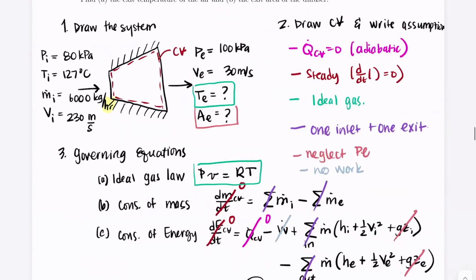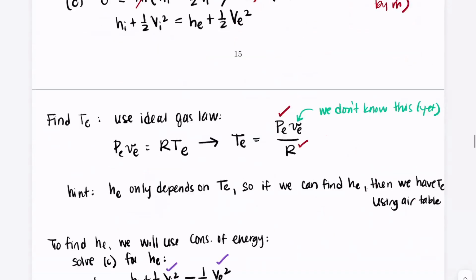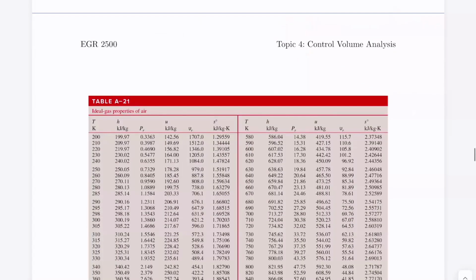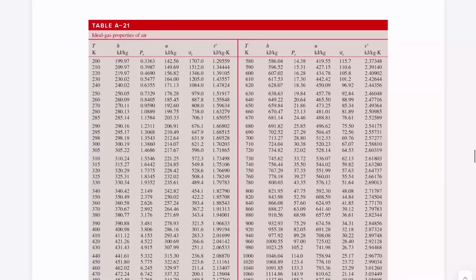Let's remind ourselves at the inlet we have 80 kPa of pressure, 127 degrees C of temperature. We're going to go to our table. Keep in mind, we have temperature in degrees C, but this table is in Kelvin, so we're going to have to do a bit of conversion.